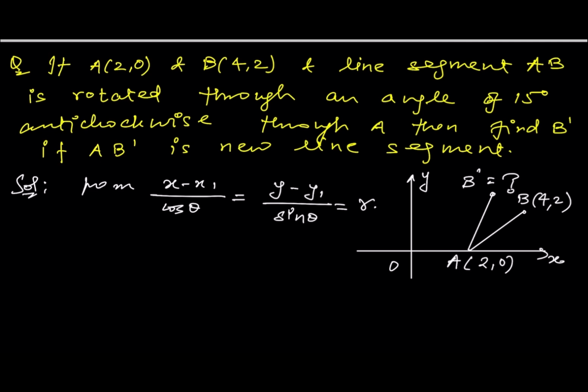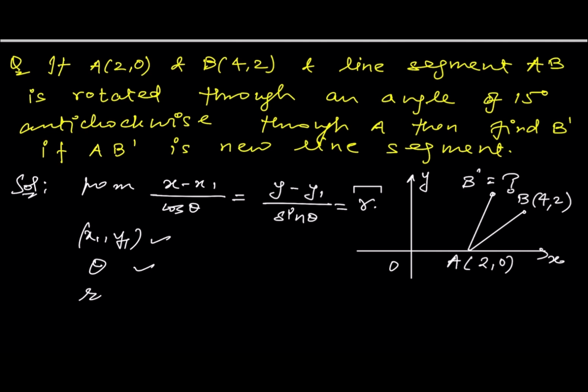And a distance r at which a new point is situated from the given point. So we need three things: x1, y1, theta and r.